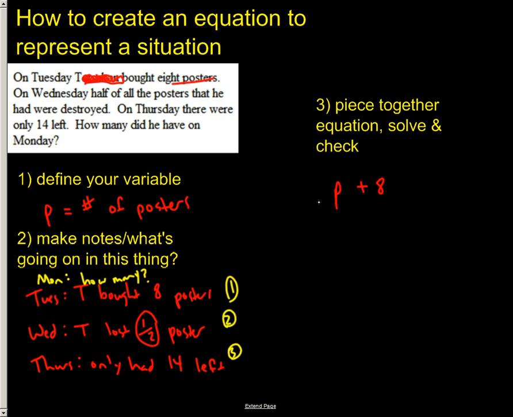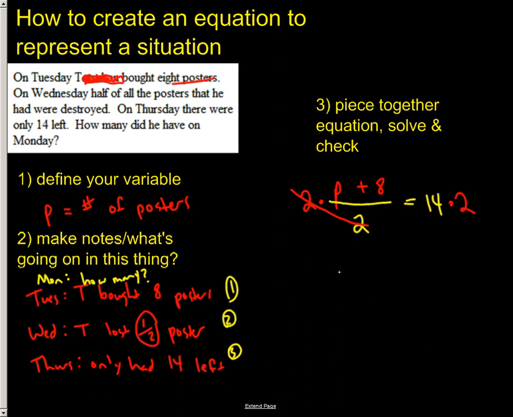How can I show that I divided this whole thing by half? Well, how about we just divide the whole thing by 2? And then he only had 14 left over. So how would I solve this? Well, since P plus 8 is being divided by 2, just multiply it by 2.